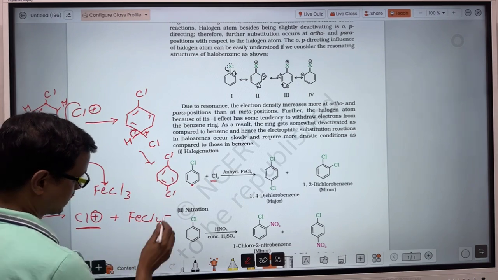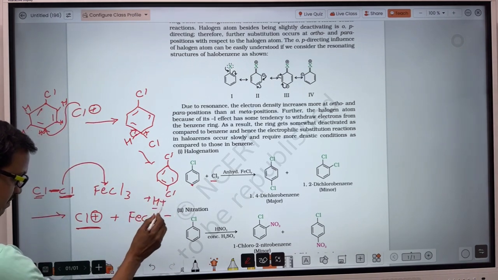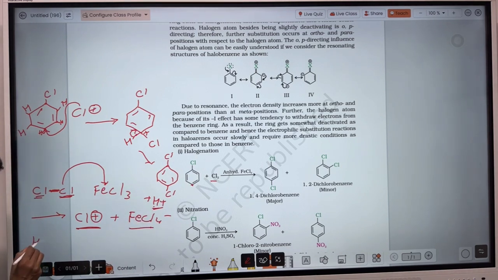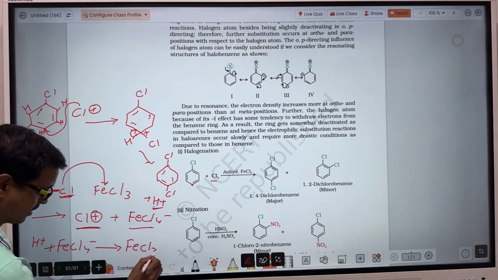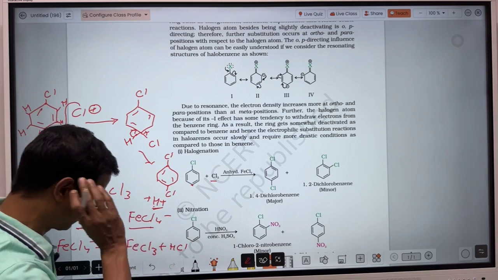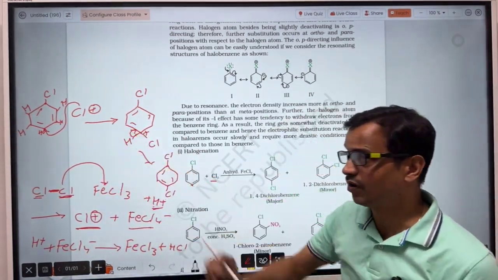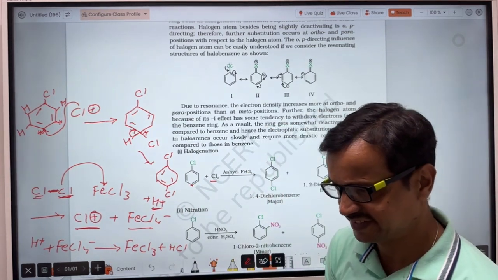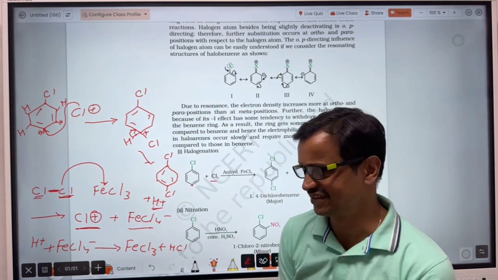Now the H plus ion released will combine with this FeCl4 minus, so there will be formation of FeCl3 and HCl. So the catalyst FeCl3, which was involved in the first step, has been regenerated. That means FeCl3 is not consumed during the reaction.